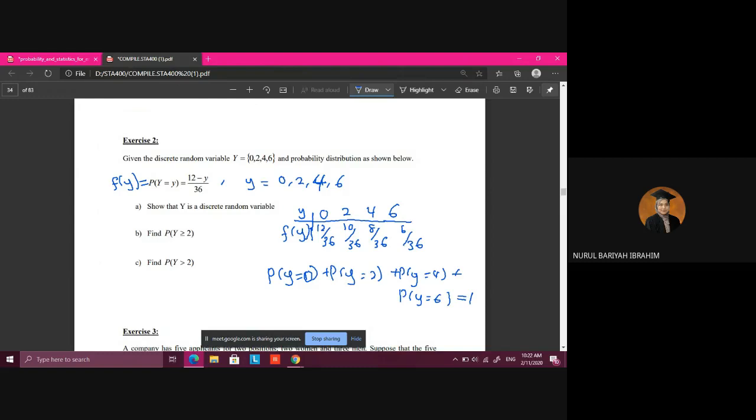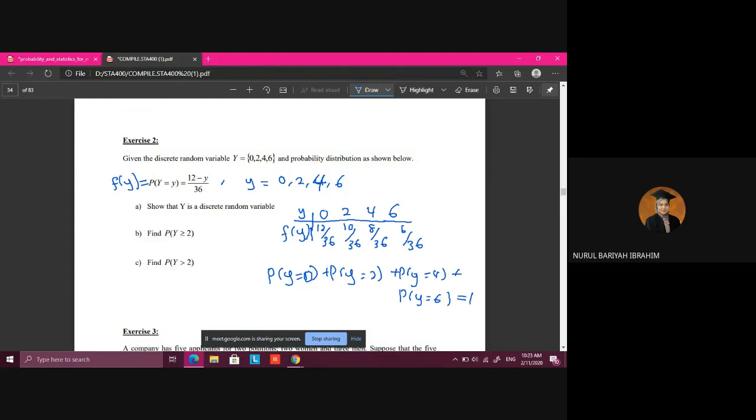So when you add all these, 12 plus 10 plus 8 plus 6, it will be 36, right? 36 over 36 will be 1. So this is the way to show that the random variable is a discrete random variable. When you add up all the probabilities for the possible outcomes, you will get 1.